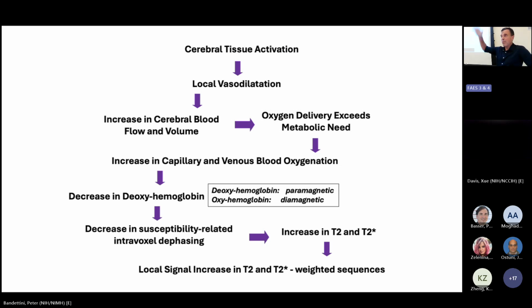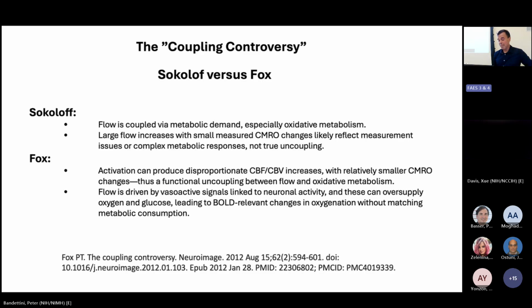The oxyhemoglobin, if we have more or less of that, it doesn't make a difference because that's sort of invisible. It looks like the rest of tissue. But the deoxyhemoglobin is the contrast agent, and if you increase or decrease that, that's what matters. So then you have a decrease in susceptibility-related dephasing, an increase in what's called T2 or T2 star, and then the signal goes up when you have sequences weighted towards that.